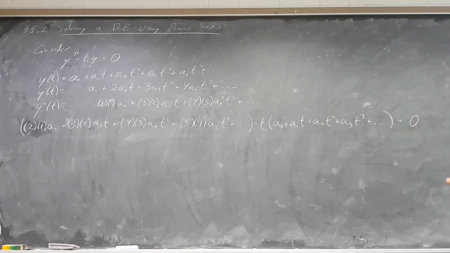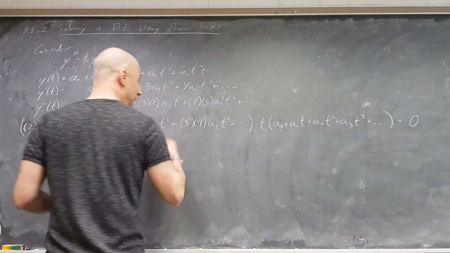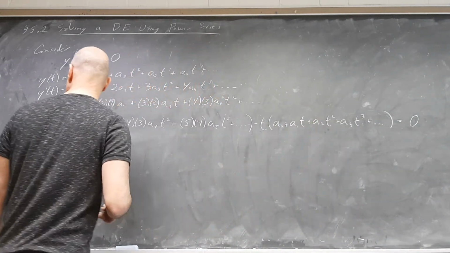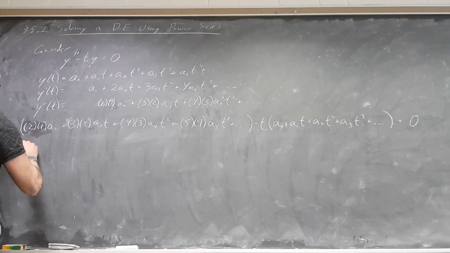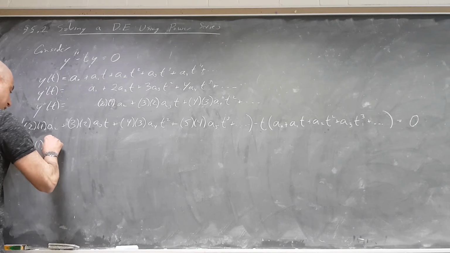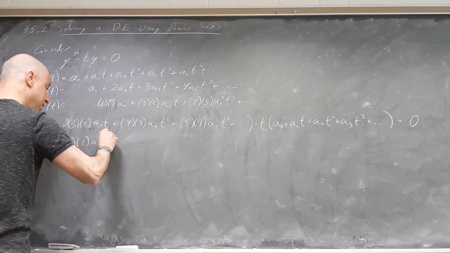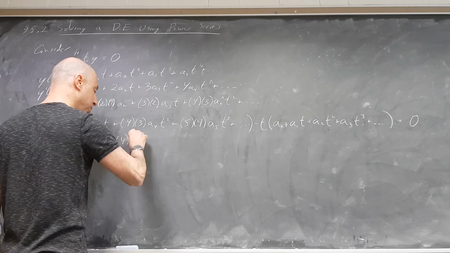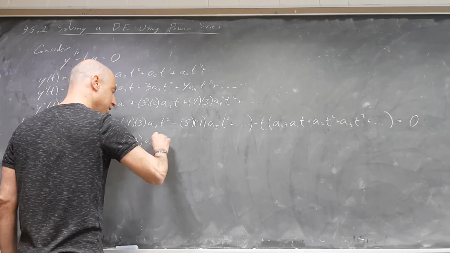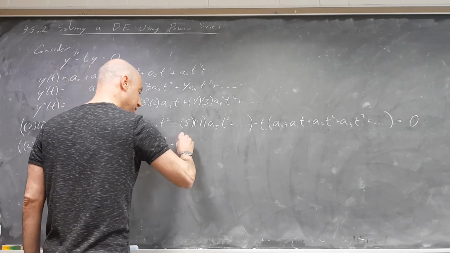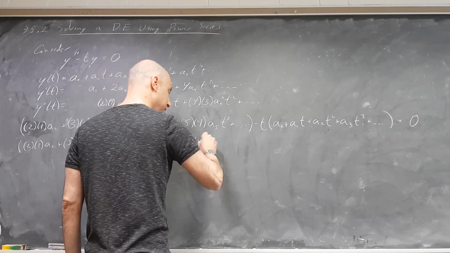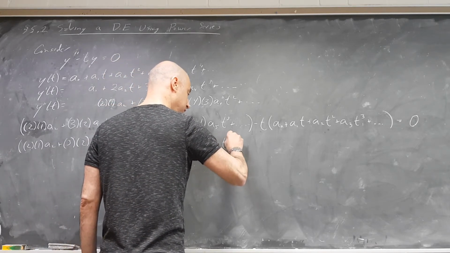I remind you that the 0 on the right-hand side, we can think of that as 0 plus 0t plus 0t squared plus 0t cubed, and so on. We'll do that in the next step. But actually, let's just do this multiplication first. So we'll rewrite this: 2 times 1 times A2 plus 3 times 2 times A3t plus 4 times 3 times A4t squared plus 5 times 4 times A5t cubed.